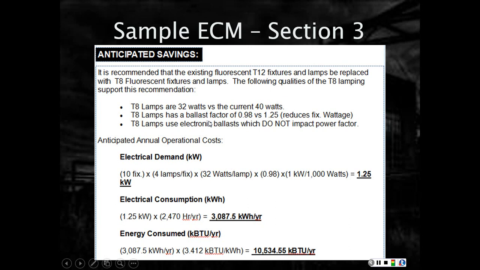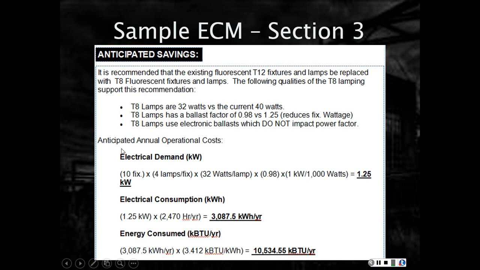The ballast factor of the new electronic ballast is only 0.98 versus the additional 25% from the old magnetic ballast. And the T8 lamps don't impact power factor, which we didn't even bother going into in the background section.